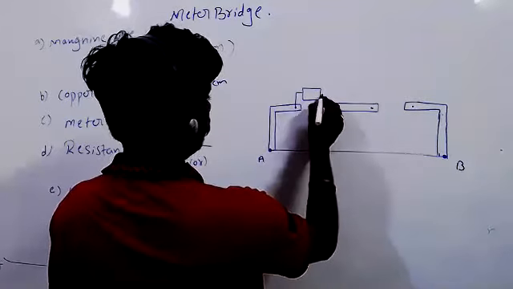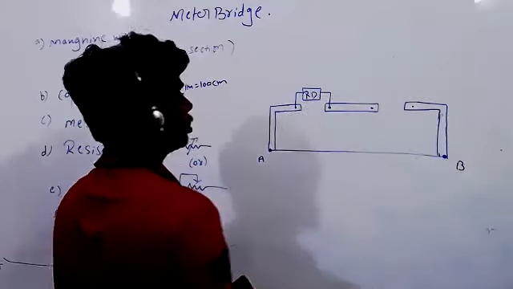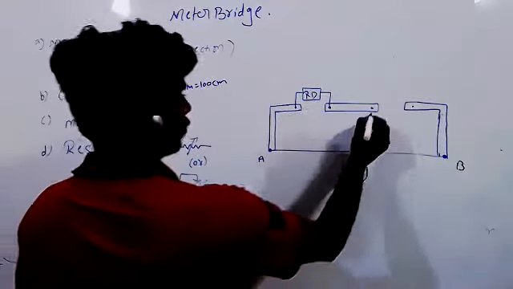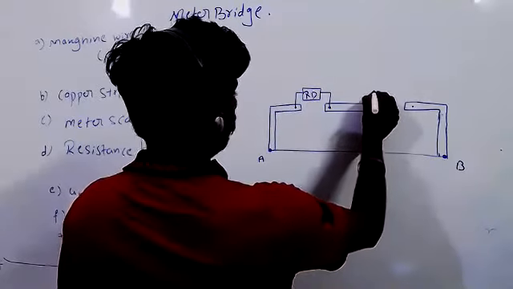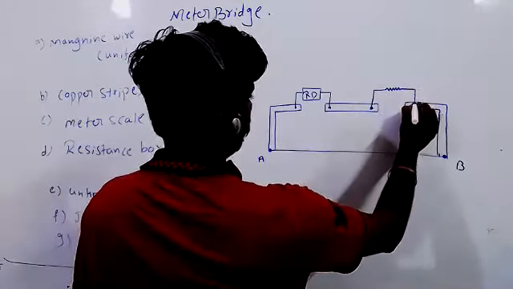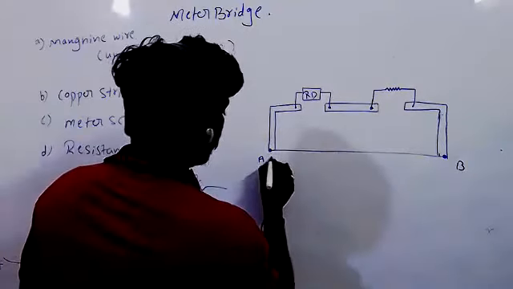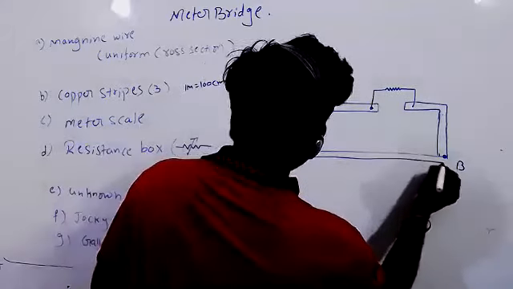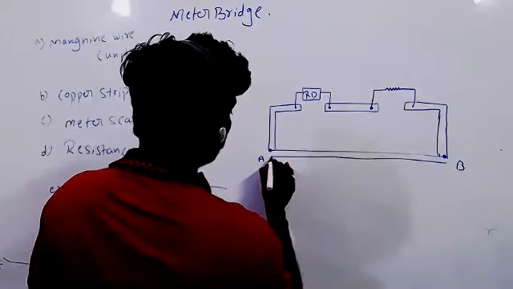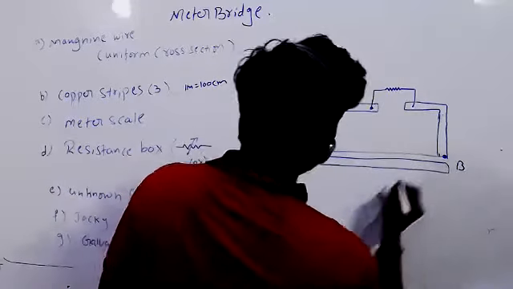Resistance box, R. One unknown resistance. To this wire we will arrange a 1 meter scale parallel to the wire.